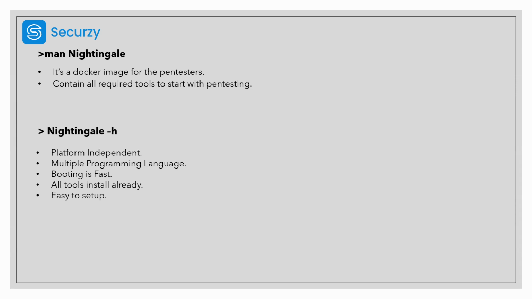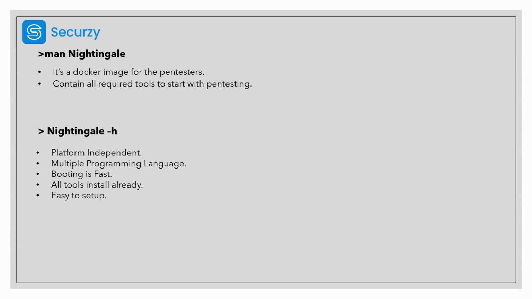With that, Nightingale came into existence as the alternative solution. Nightingale is a complete Docker image for the pentester. In this Docker image, each and every tool and other configuration will be available.